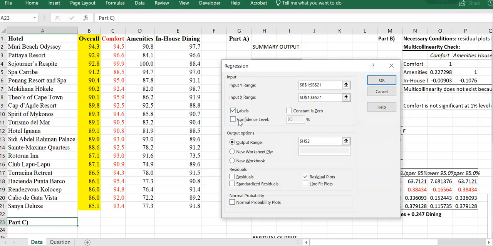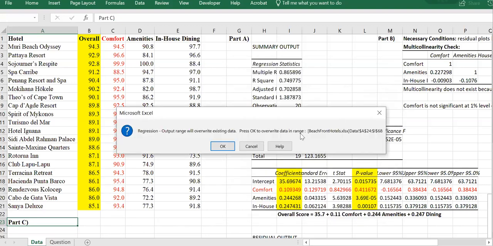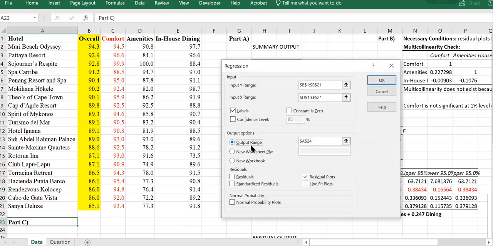Amenities and in-house dining labels, and I just put it right below here, so it's gonna be A24, and I still keep the residual plots. I think it's gonna have a problem with this one, but let's see. Yes, let's cancel that. And I just need to put it in another place.